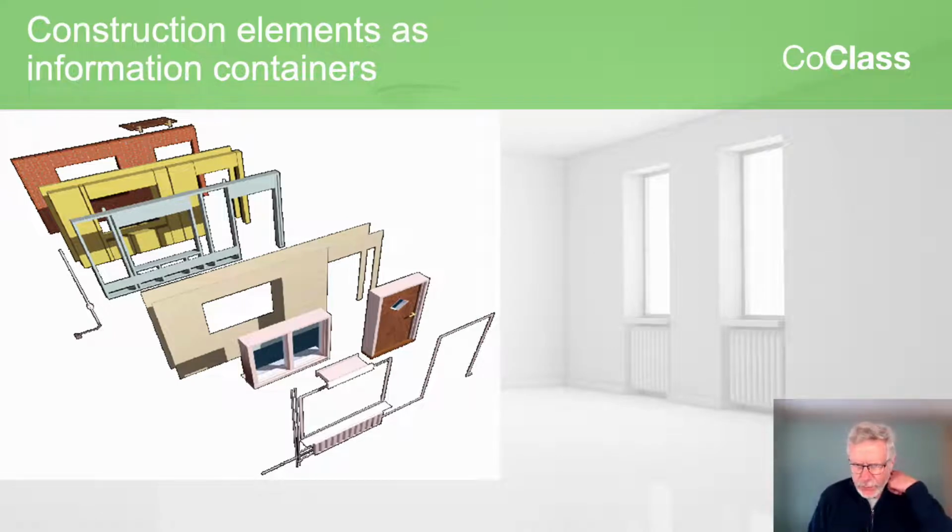So what we do in CoClass is make, sometimes it's called a digital twin, even though I don't like that term. A digital twin, in my view, is a computer model of a building, for instance, but the computer model has sensors reacting to the world, so sensing temperature, wind, sunlight and so on, and it's then affecting the building, so making the building react to input from the environment.